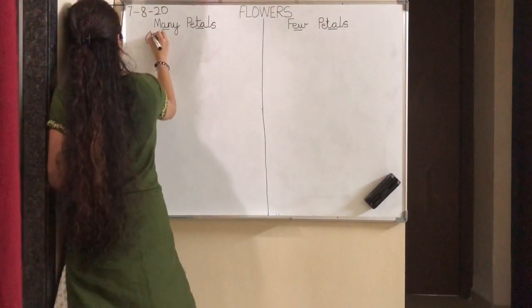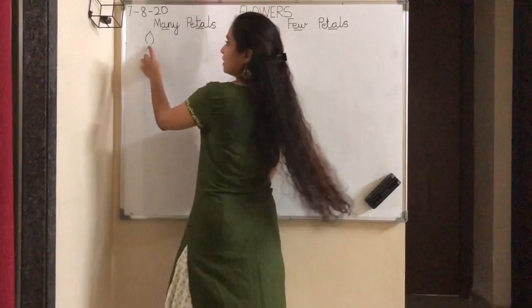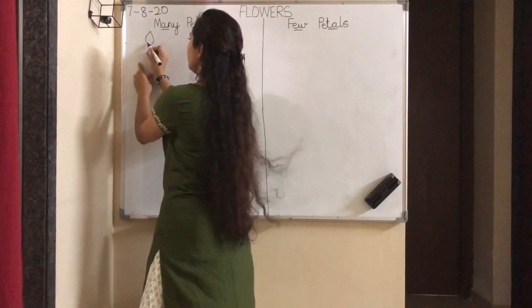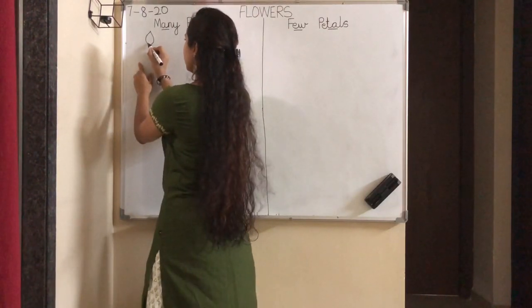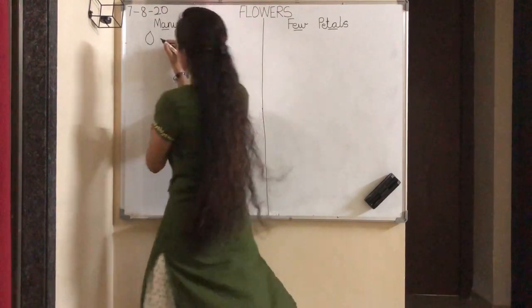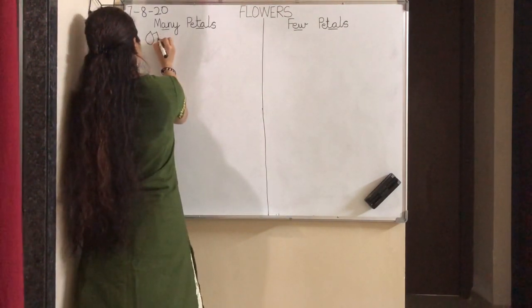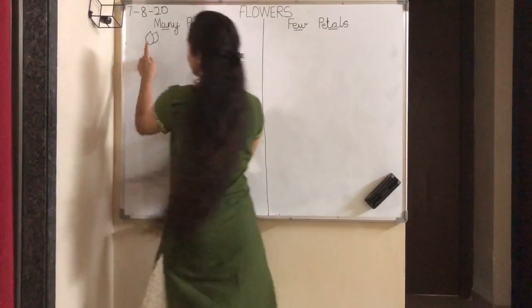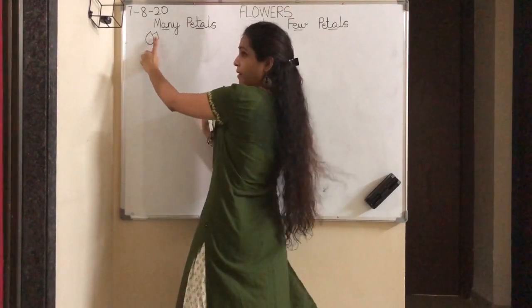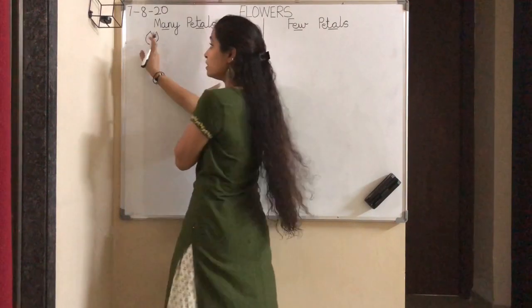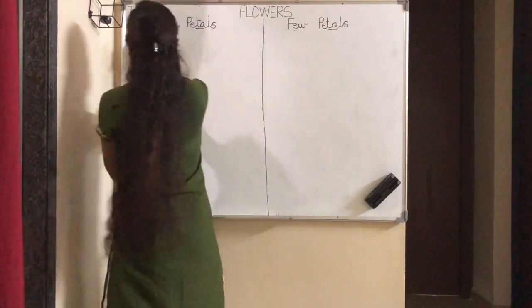Draw the petal like this, and over here you join. Okay, and then you draw another petal. Next to the bigger petal, draw a smaller petal. Then draw one more same petal this side.